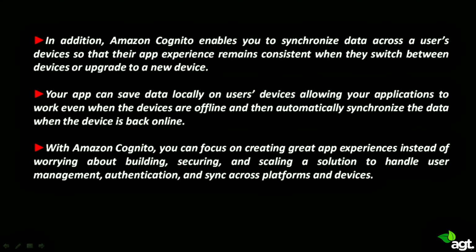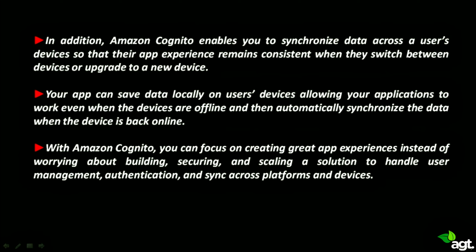You can check it out on the AWS website. An enterprise can store 10 GB of data and perform a minimum of 1 million synchronization operations per month for up to 12 months. Once exhausted, Amazon Cognito charges 15 cents per GB of sync storage per month and 50 cents for every 10,000 sync operations.